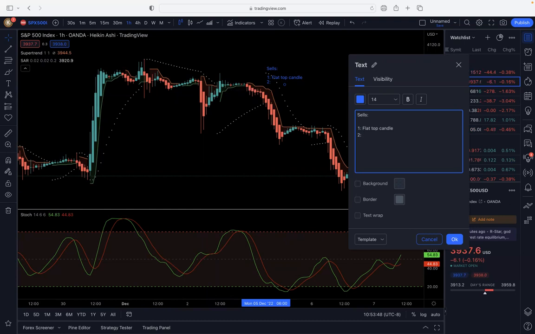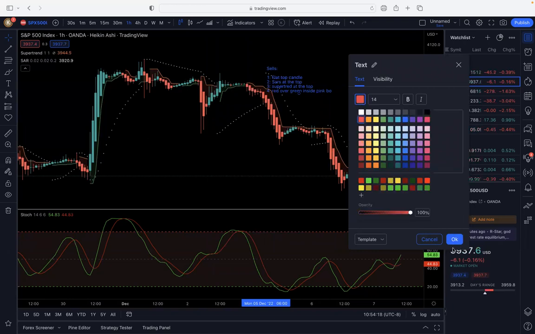Secondly, what we need is the stars at the top. Third, we need super trend at the top. And fourth, we need red over green inside the pink box. Okay? And that's for sells. So we're going to make that red.